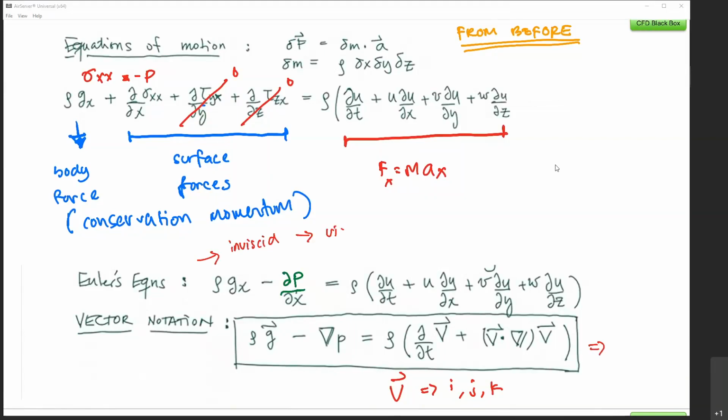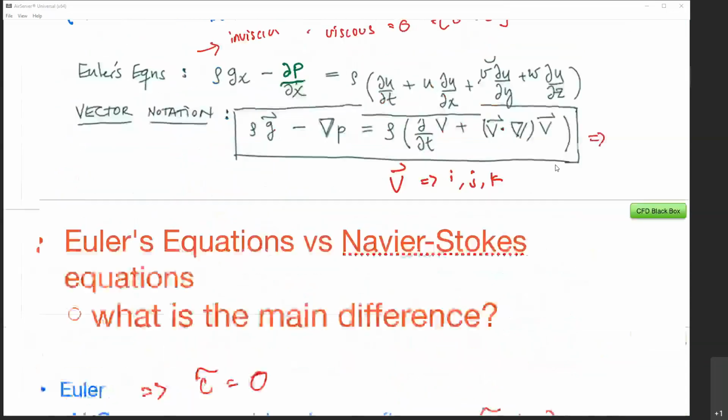The viscous property equals 0, no viscosity, which in turn gives tau equal to 0. Tau is the shear stress. When there is no viscosity, the shear is 0. So we can cancel out the shear stresses in the derivation that we had before to get the vector notation here.